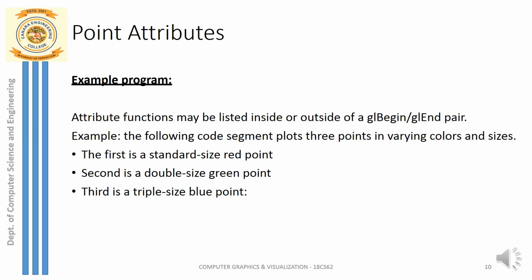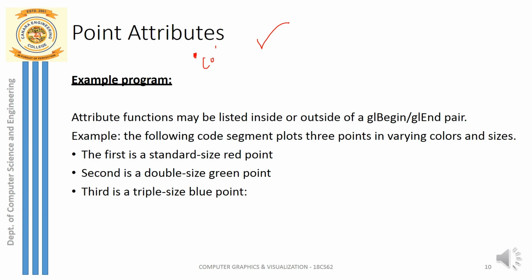Now coming to the attributes. We have just discussed the two types of primitives, that is GL point and GL line. Next we'll move on to the attributes or the properties of this geometric primitive. What is the property of a single point? Every point has a size, and the point can also have color.